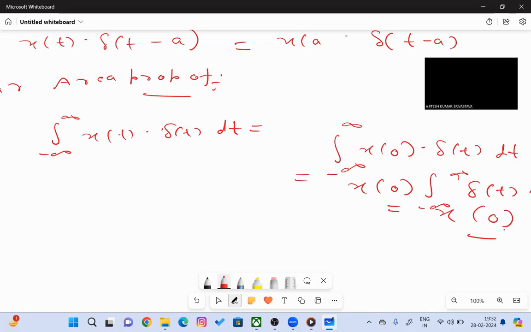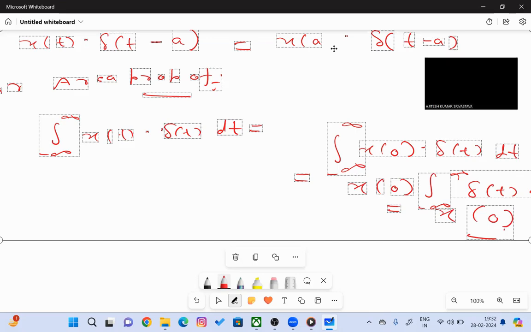Next, let me discuss some properties through questions. Let's take one question: the integral from minus infinity to plus infinity of t square plus 1 multiplied by delta of 2t minus 6.